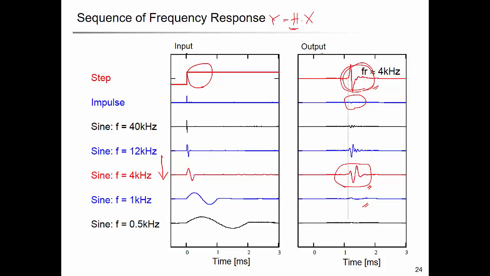That means the bender element inserted in soil has the resonant frequency of 4 kHz. So the step function has a wide range. It's a broadband spectrum, right? It has all frequency components, and of those, only the 4 kHz component is selected by the bender element, or by the soil and the bender element interaction.